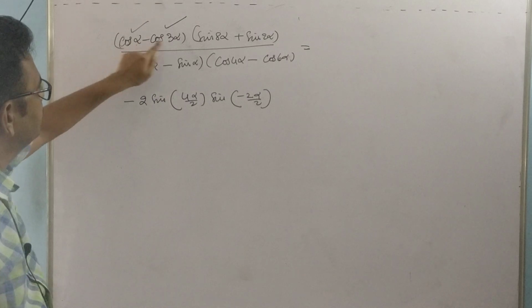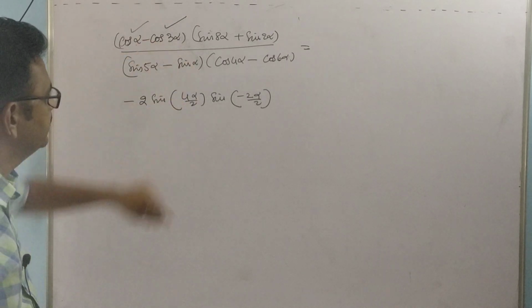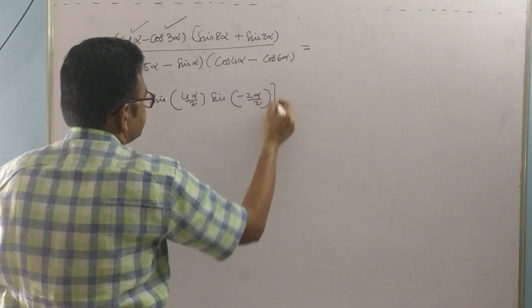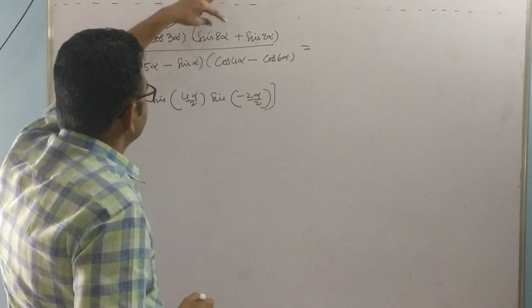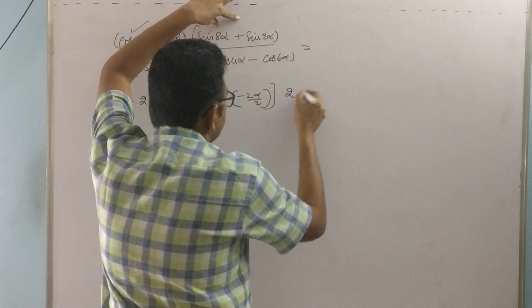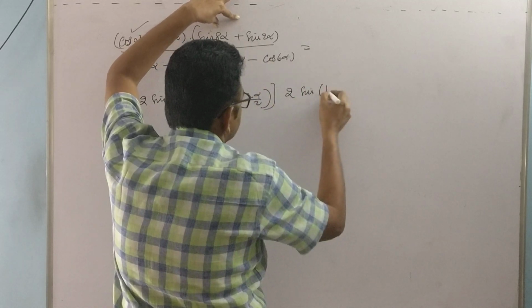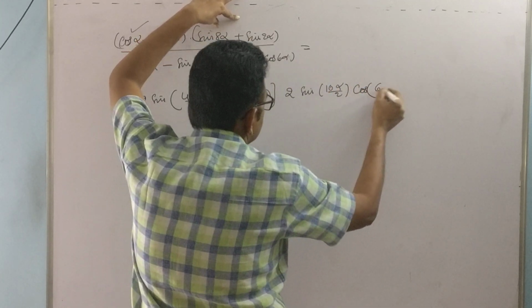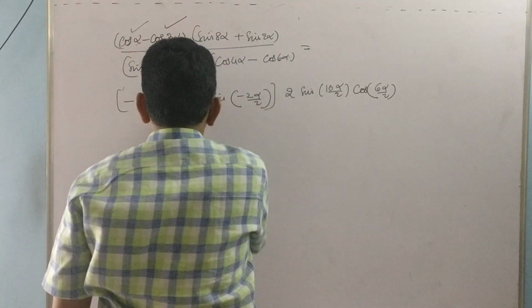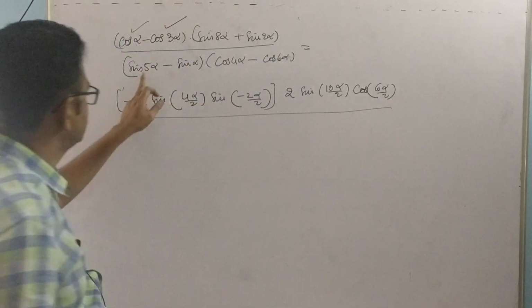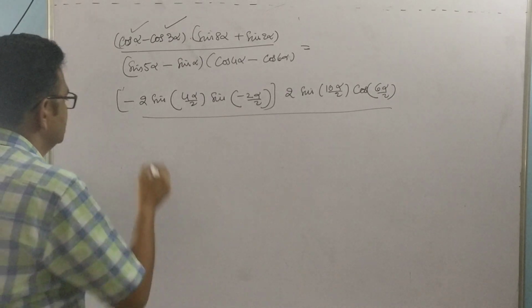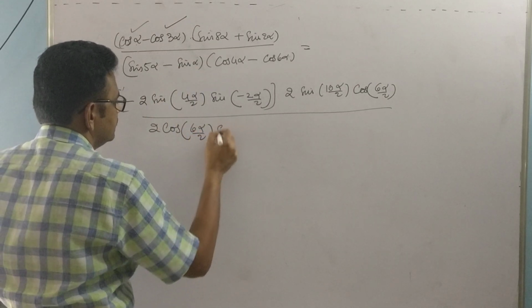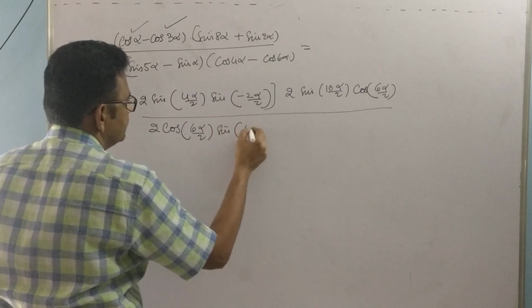C minus D is alpha minus 3 alpha, that is minus 2 alpha by 2, into, so this is bracket, into, this is sin C plus sin D, that is 2 sin C plus D by 2, 10 alpha by 2, into cos C minus D by 2, 6 alpha by 2, by sin C minus sin D. Sin C minus sin D is 2 cos C plus D by 2 into sin C minus D by 2.